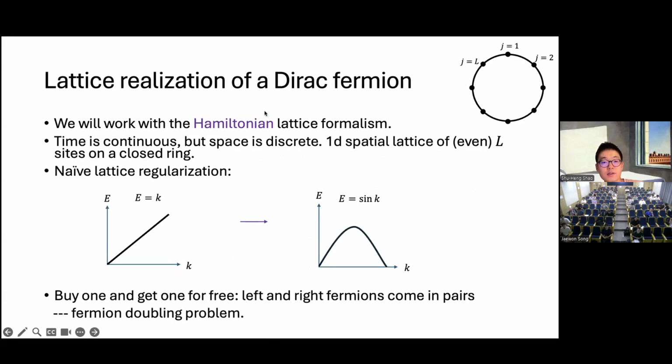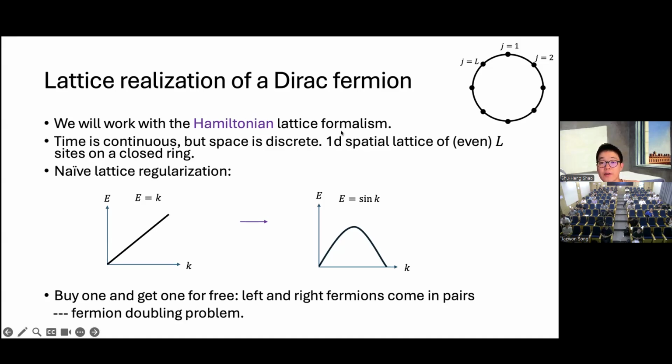All right. So we would like to realize this simple free fermion model on the lattice. And today we are going to work with the Hamiltonian lattice formalism. I will comment on the Euclidean one, which many of the people in the audience have also worked on, later in the talk. So in my setup, time is continuous, and the time evolution is specified by the Hamiltonian, but space is discrete.